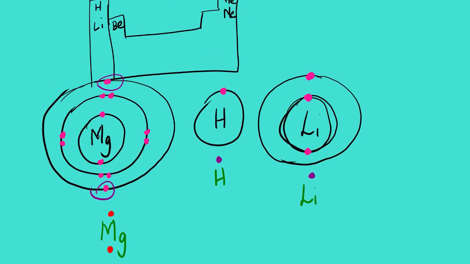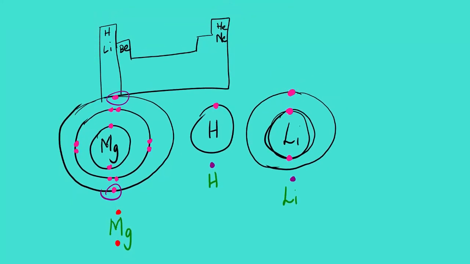Now I want us to look at the relationship. You can see that hydrogen and lithium are both in group number 1. So we can say all the elements in group number 1 have only 1 electron in their outermost energy level because they're in group number 1. Magnesium is in group number 2, so it will have 2 electrons. And then we look at helium.